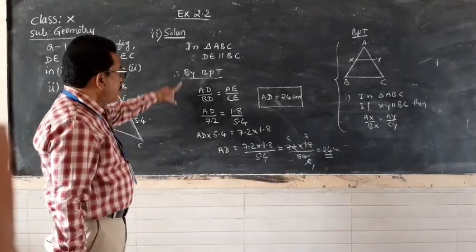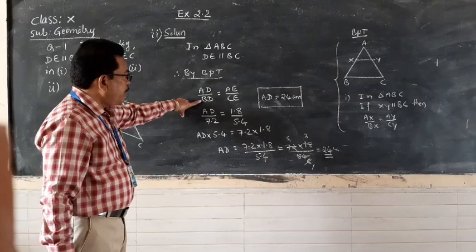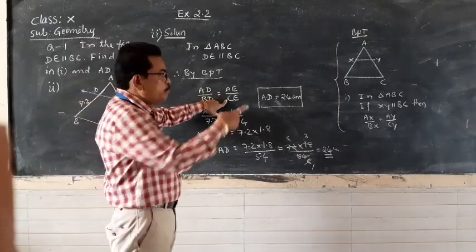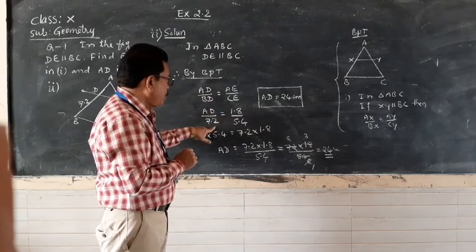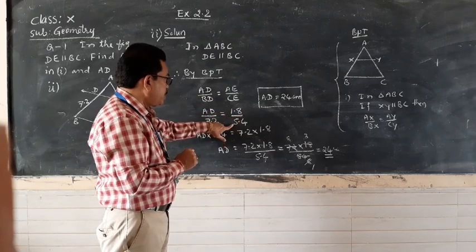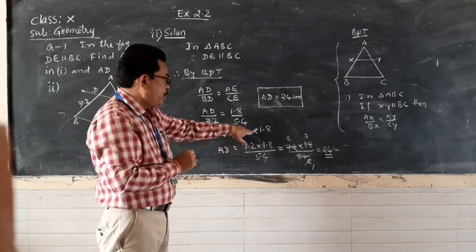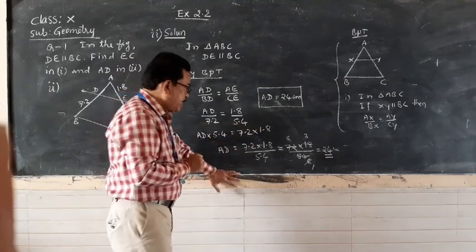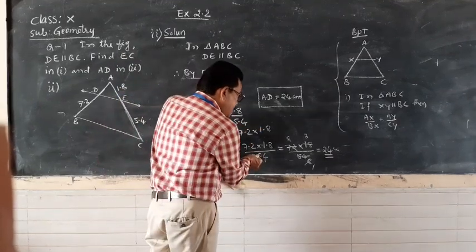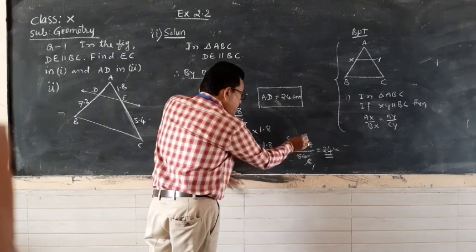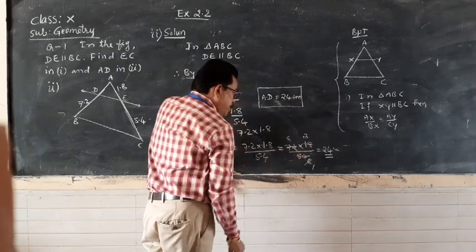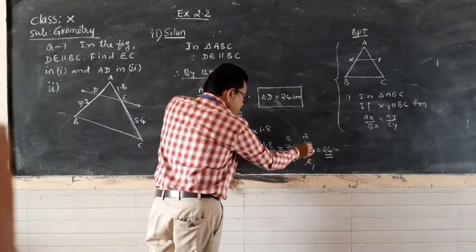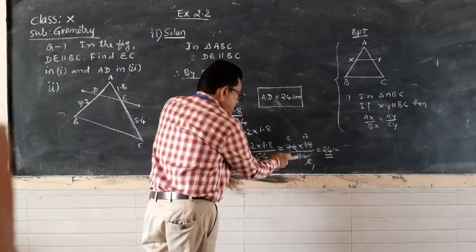Okay, AD by BD, AE by AC is the proportionality. Then substitute the values: AD 7.2, 1.8, that is 54. 7.2 into 1.8. Here the same decimal places are there, so this one is 0.3. 1.8, remaining are cancelled.